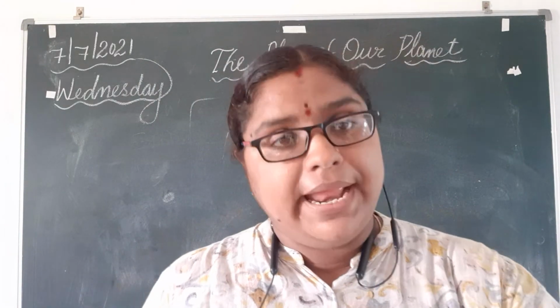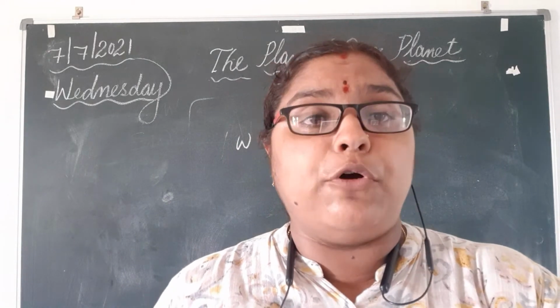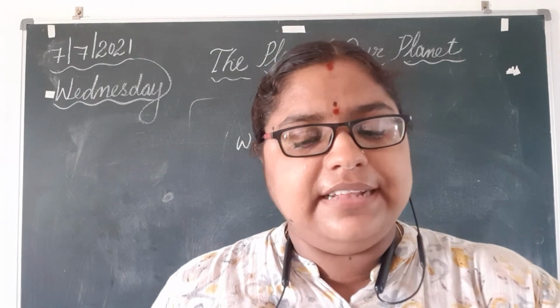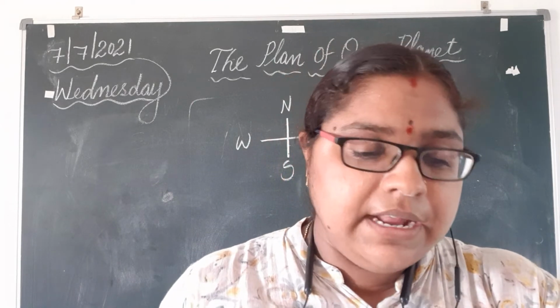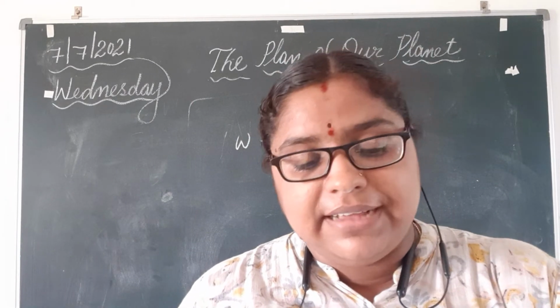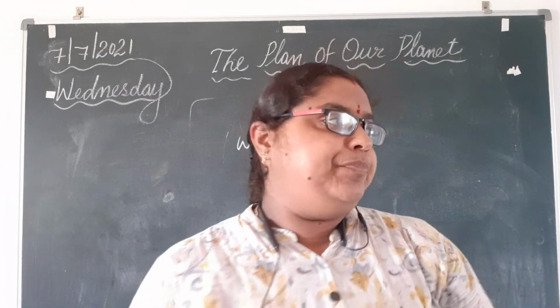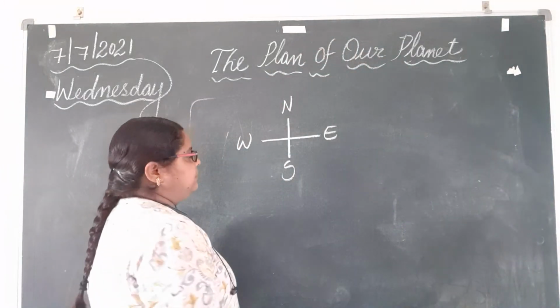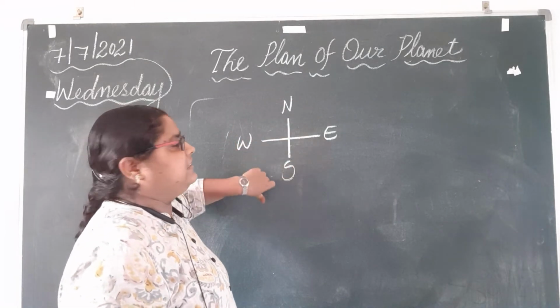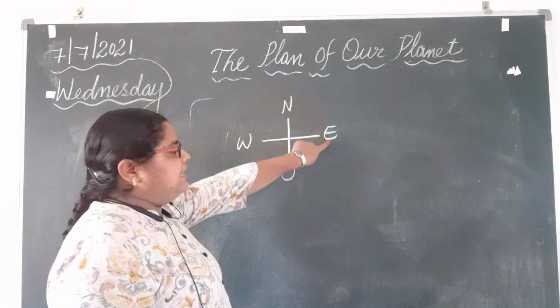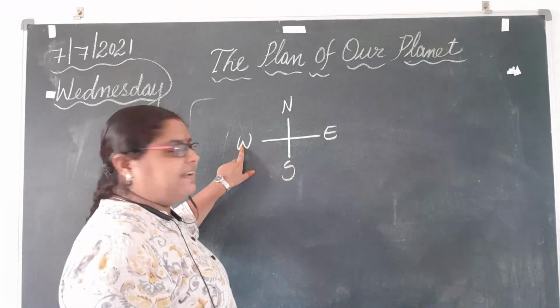Beside the 4 main directions, there are also 4 sub-directions. For instance, a point between south and east is southeast. A point between north and west is northwest. These are the 4 main directions we have: north, east, south and west.